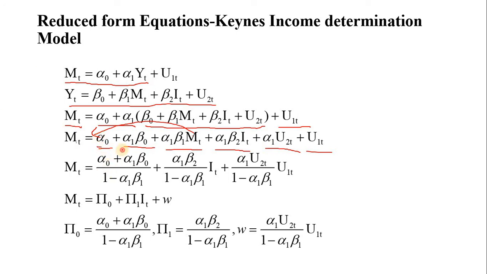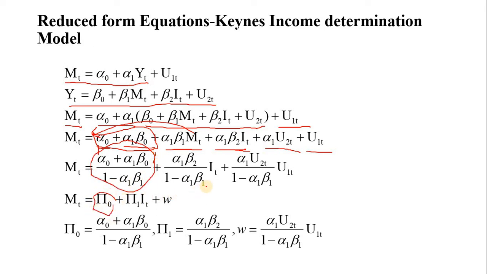Look at this. In here, these are the parameters, especially the intercepts. Alpha 0 plus alpha 1 beta 0 divided by 1 minus alpha 1 beta 1, plus alpha 1 beta 2 divided by 1 minus alpha 1 beta 1 into It, plus alpha 1 u2t divided by 1 minus alpha 1 beta 1, plus u1t. So I will consider this as the intercept, pi 0.